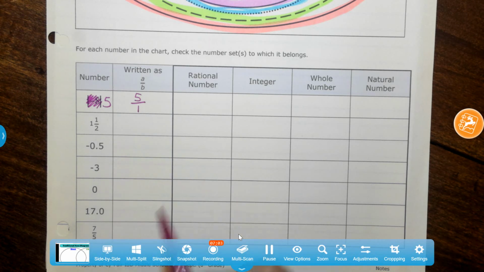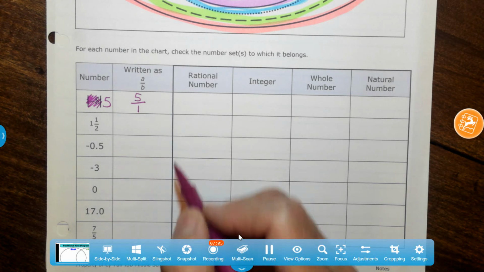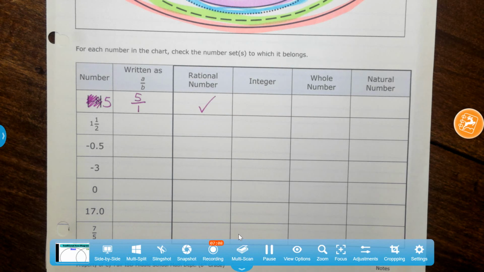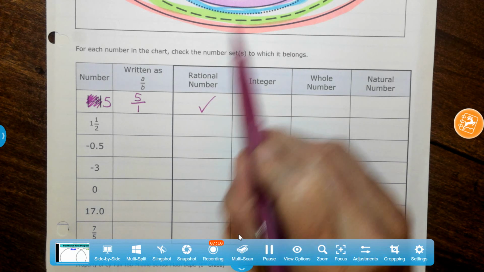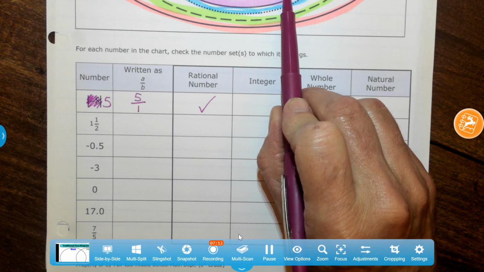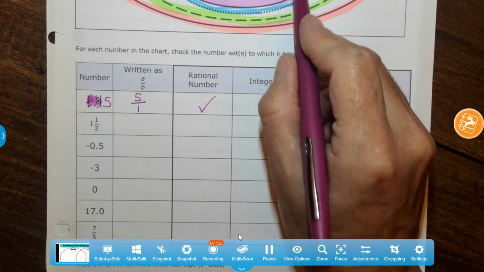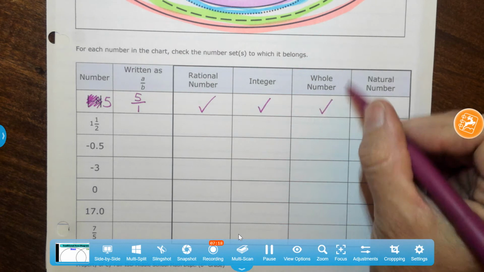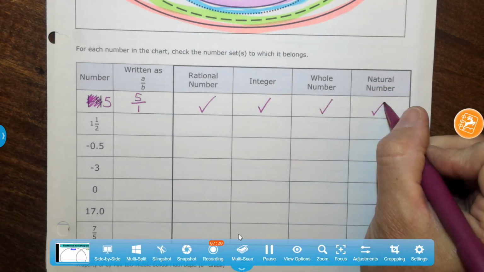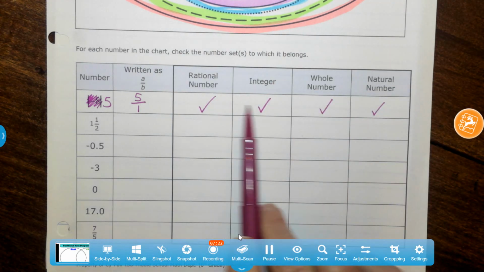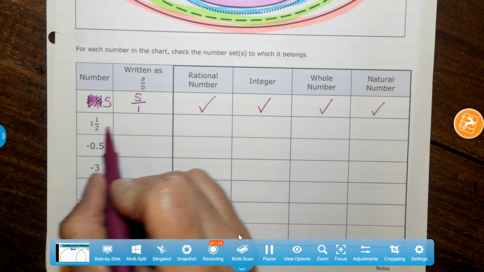It's 5. Now, if I can put it in a over b form, that means it is definitely a rational number. But isn't 5 right here in the natural numbers, which means it's inside the integers, it's inside the whole numbers, and it's inside the rational numbers. So 5 is everything.